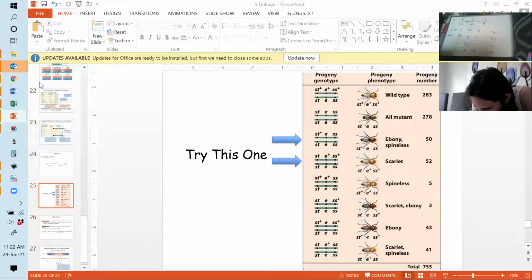So if you draw it out, you're going to have plus SS E. Make sense?